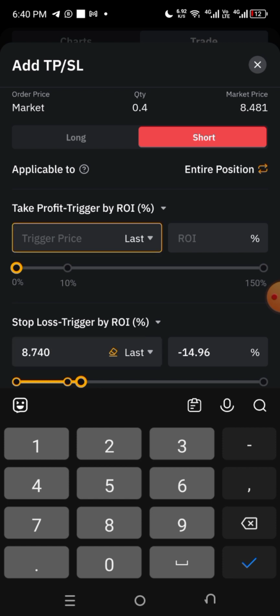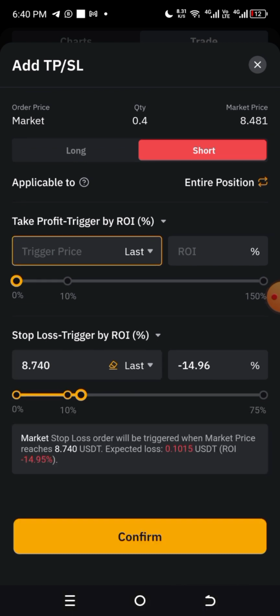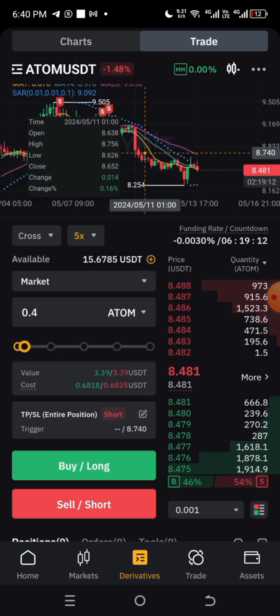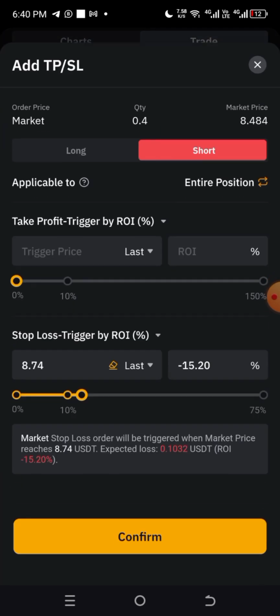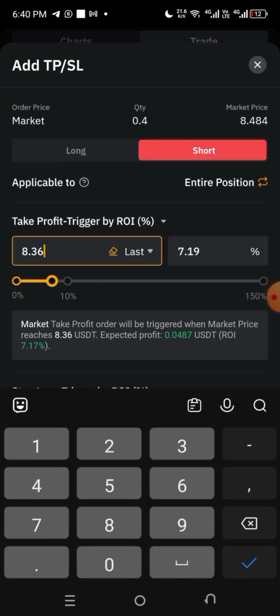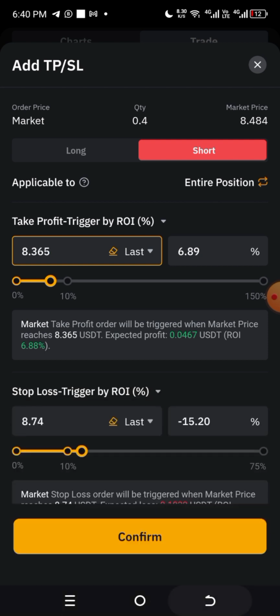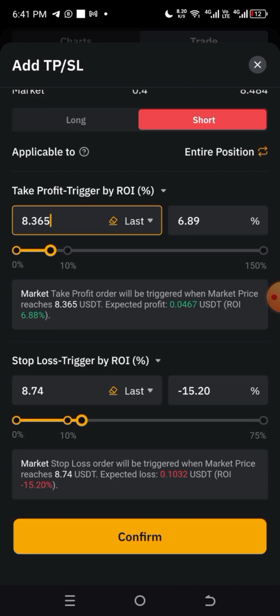And my take profit should be around, let me confirm this first, 8.365. All right, so basically, if I initiate this trade, this is how much I'm willing to lose, 0.1 cent, and how much I'm willing to gain, 0.0467.